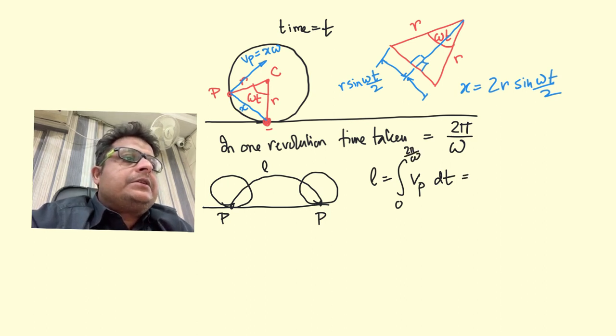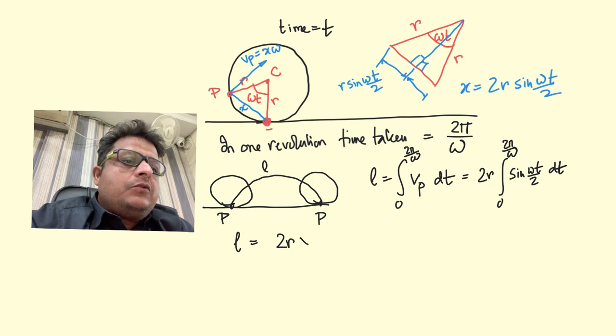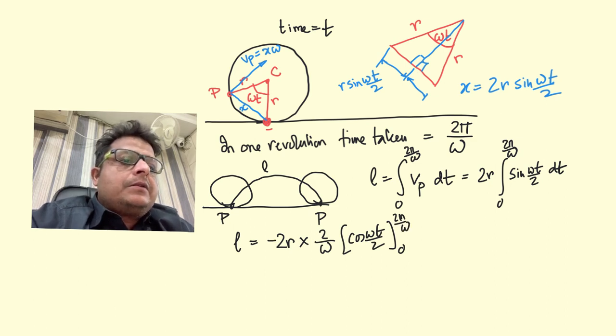So let us substitute the values: 2r integral sine omega t by 2 times dt from 0 to 2 pi by omega. So length is equal to 2r into 2 by omega cosine omega t by 2, from 0 to 2 pi by omega. So there will be a minus sign. Okay, so now this is minus 4r by omega.